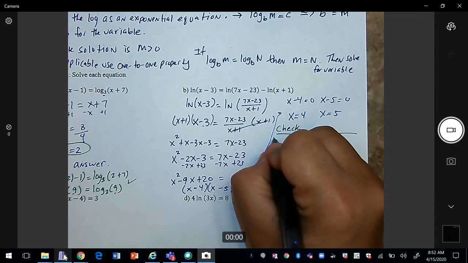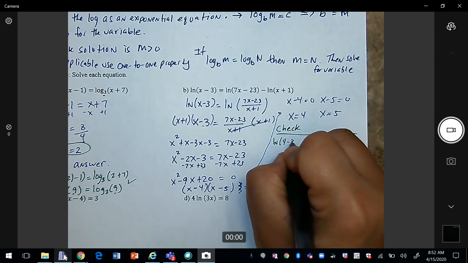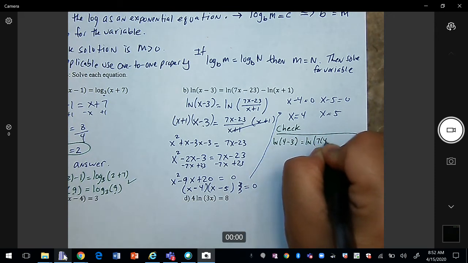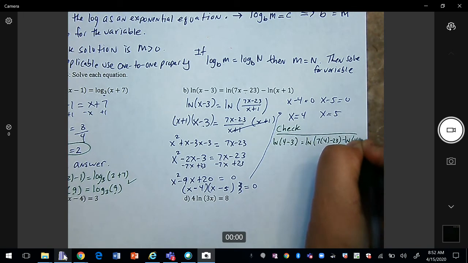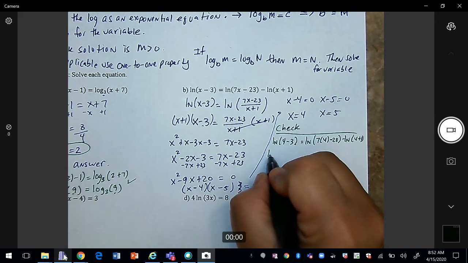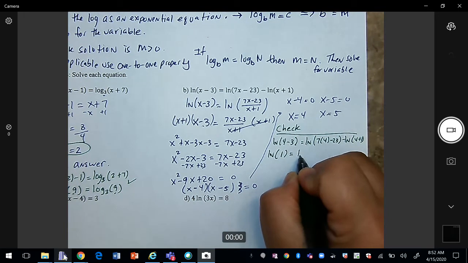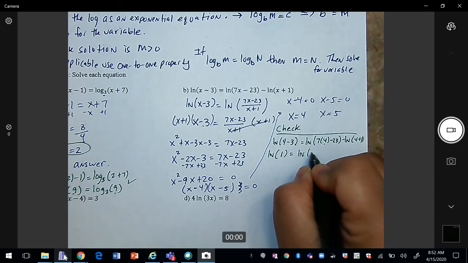Okay, so we have natural log of, let's check 4 first. 4 minus 3 is equal to natural log of 7 times 4 minus 23 minus natural log of 4 plus 1. 4 minus 3 is 1. 7 times 4 is 28 minus 23 is 5.